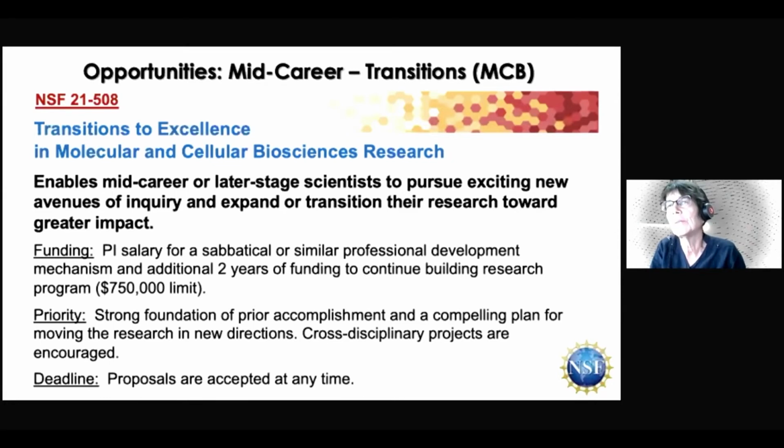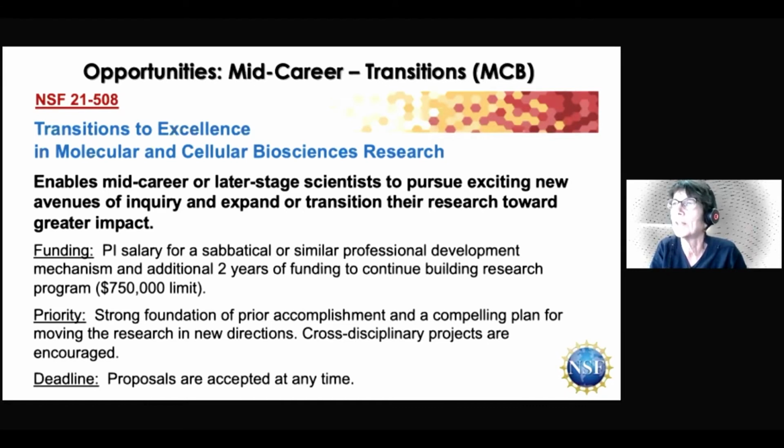And so these are limited to $750,000, but that basically should give you enough to get your own training in 1 year and teach a postdoc in years 2 and 3 to carry this on. And what reviewers are going to look for there is a strong foundation of prior accomplishments and a compelling plan for moving your research in this new direction.